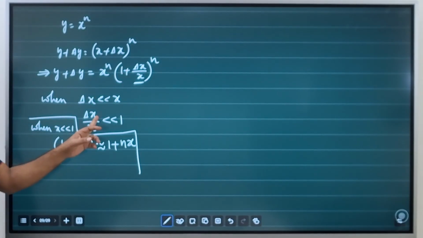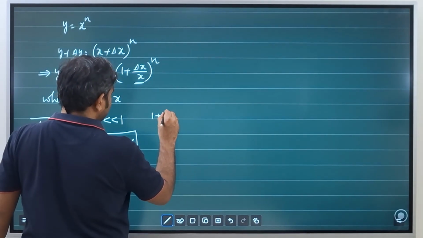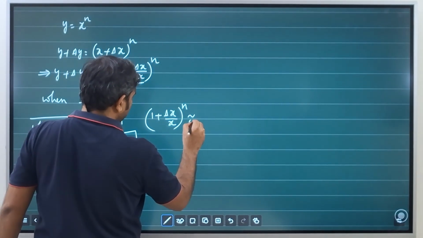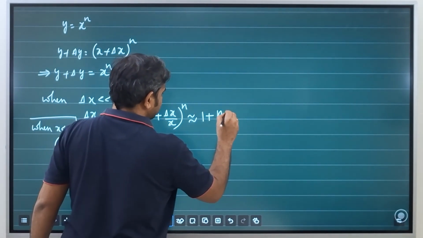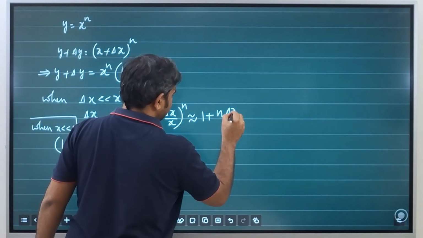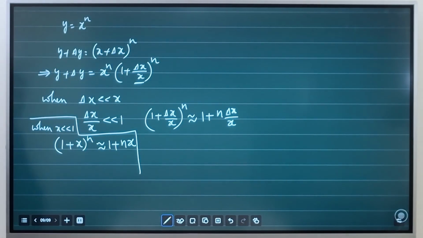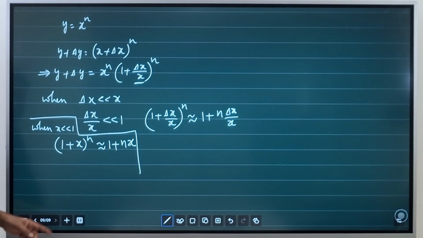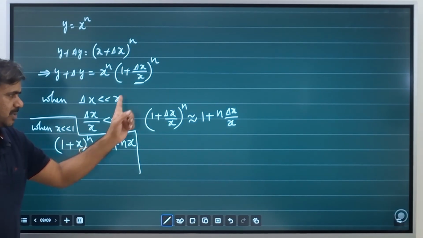Delta x by x is much smaller than 1, so I am going to use this approximation and write (1 plus delta x by x) whole power n as 1 plus n into delta x by x. Here in place of x, we have delta x by x.